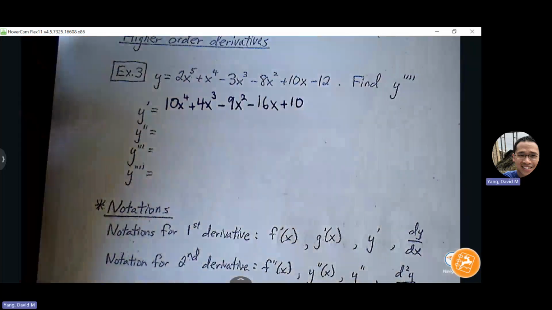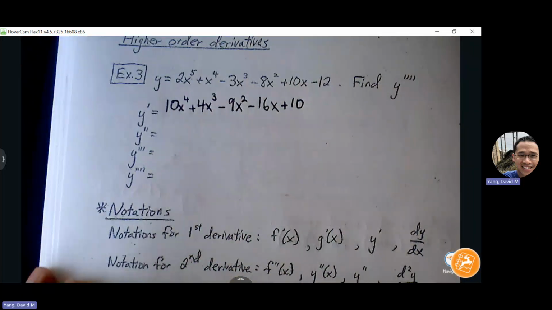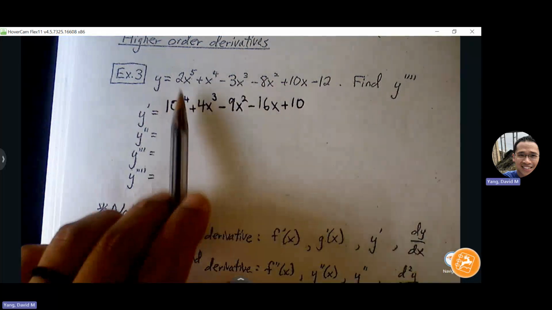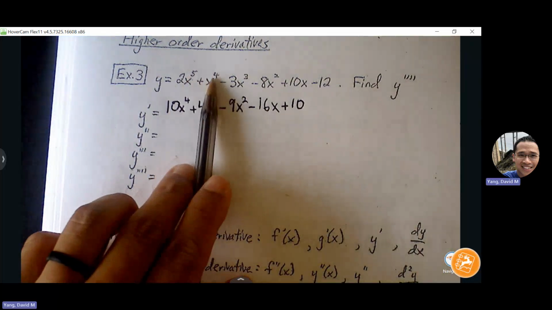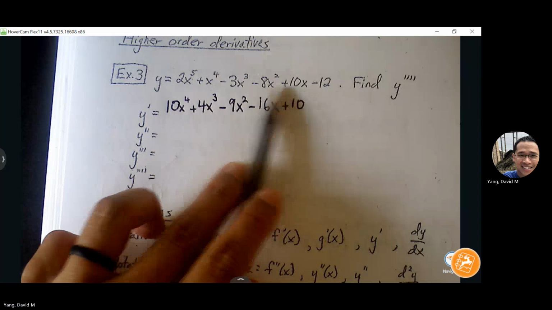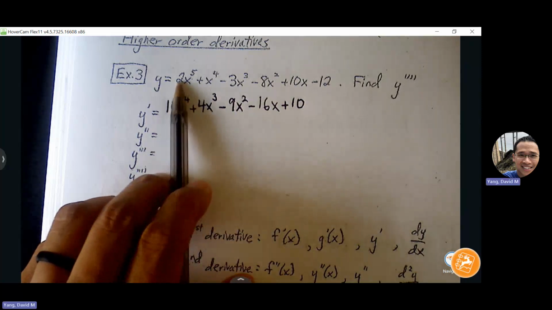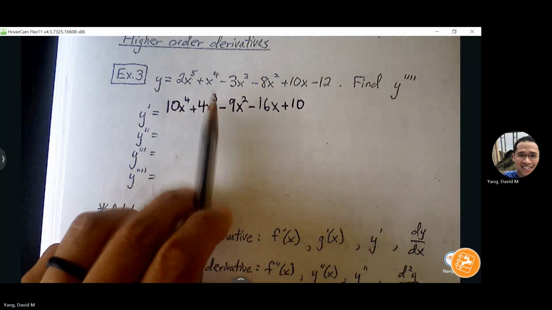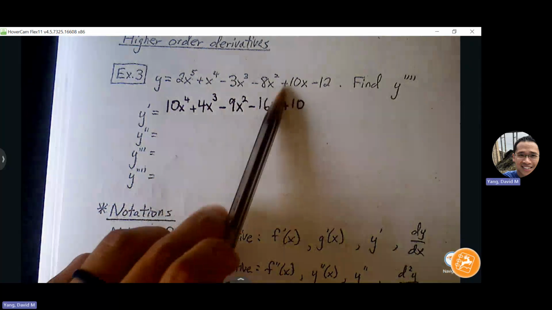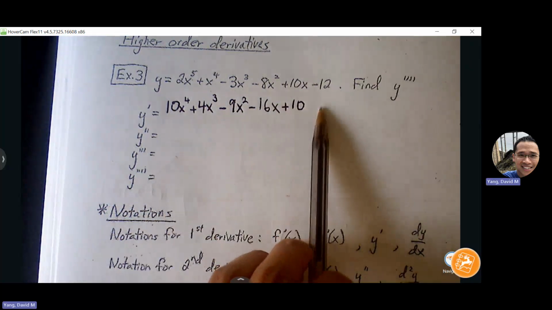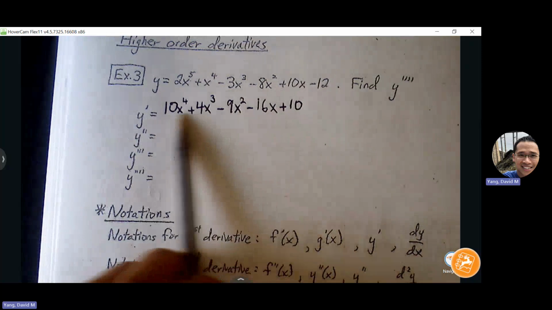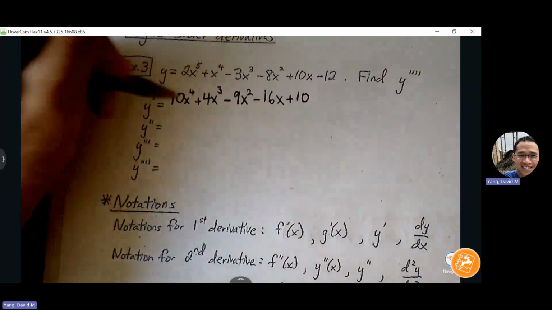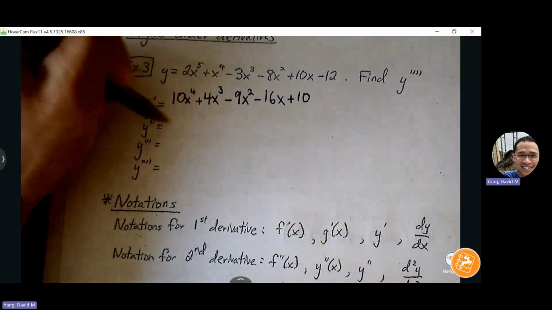What happens to the minus 12? 0. Okay. So you see, as long as I have nice positive exponents, all my degrees will just do what? Decrease by 1, right? And then any constant will just drop out. Right? So now if I want to find y double prime, keep going.